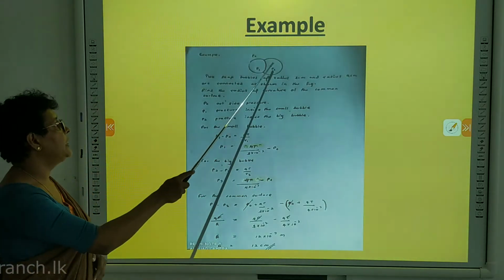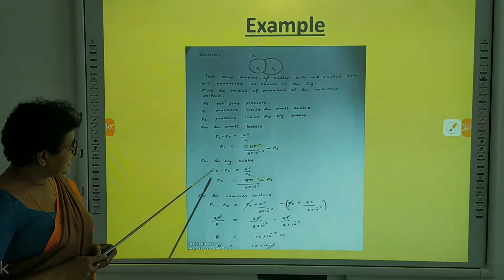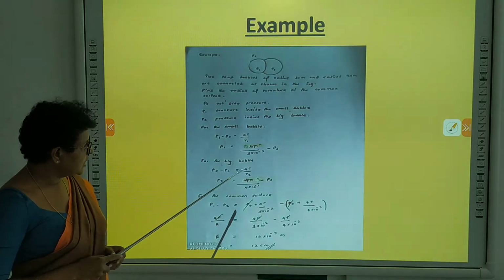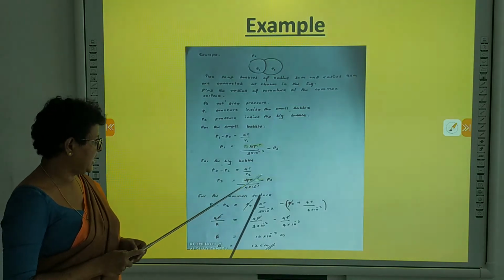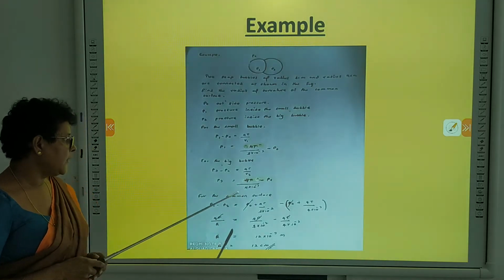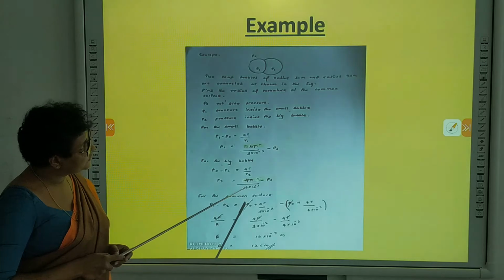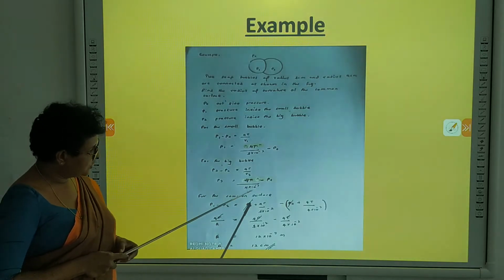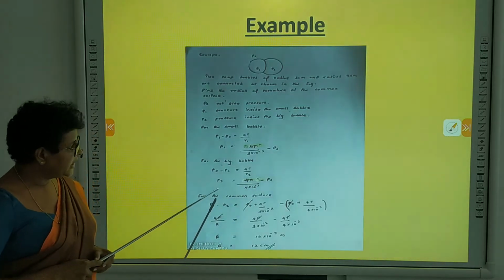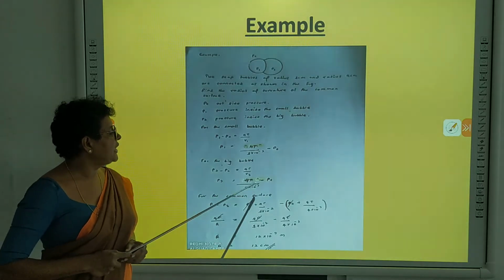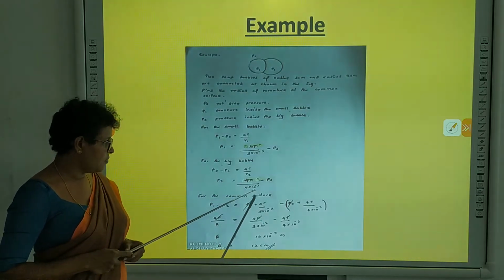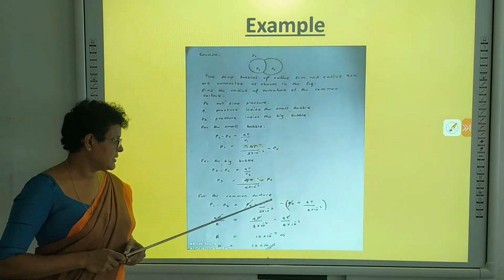For the big soap bubble, again P2 minus P0 equals 4T divided by R2. R2 is given as 4 centimeters, so again you convert it into meters, and P2 equals 4T divided by 4 into 10 to the power minus 2, plus P0.